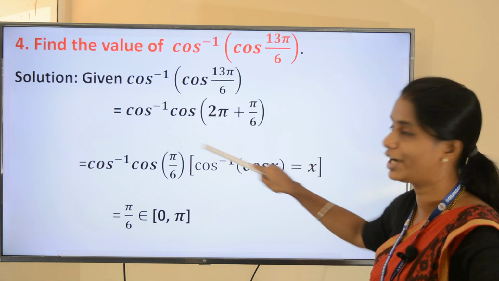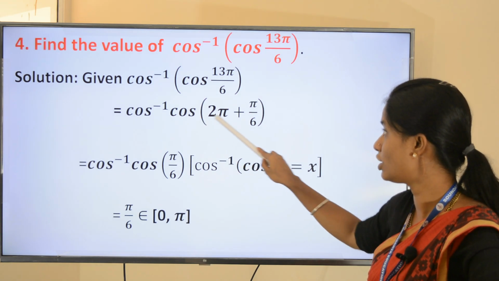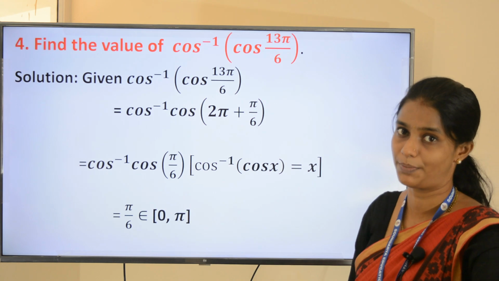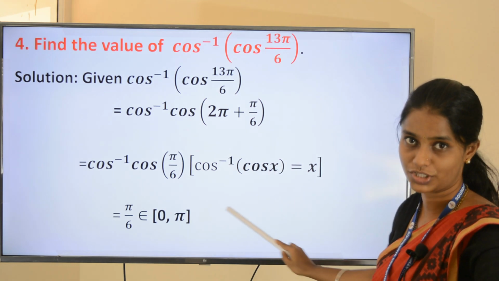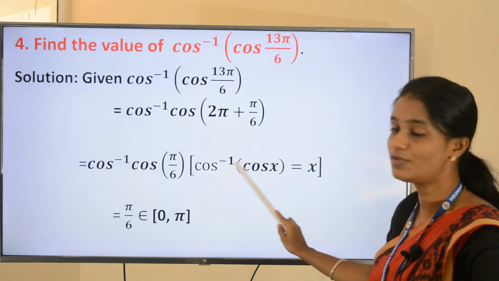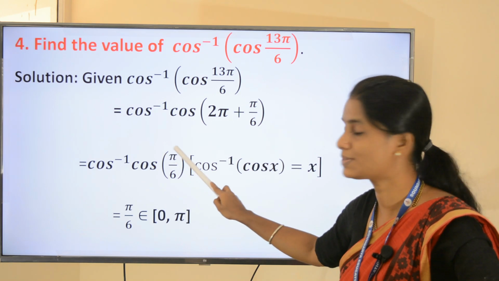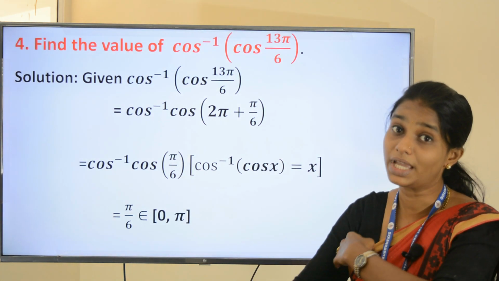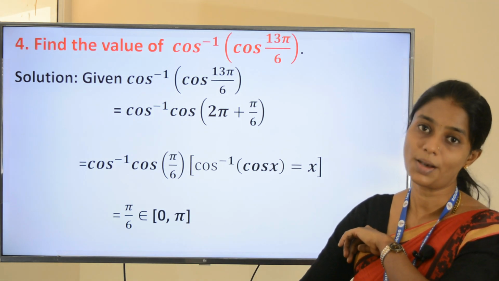In the first quadrant, all the trigonometric functions are positive. Therefore, cos of 2 pi plus pi by 6 is equal to cos pi by 6. Then we have applied the inverse trigonometric function property, that is, cos inverse of cos x is equal to x. So cos inverse of cos pi by 6 can be written as pi by 6. Clearly pi by 6 belongs to the closed interval 0 comma pi.